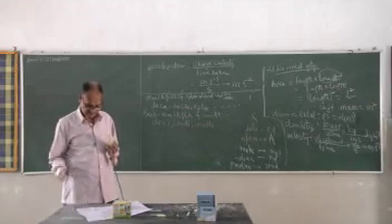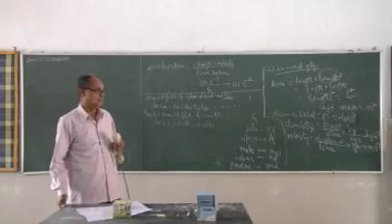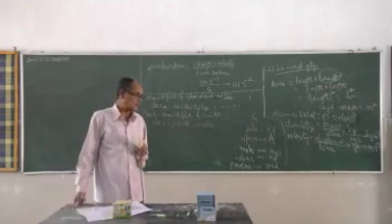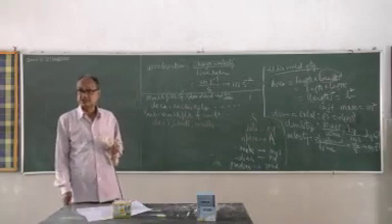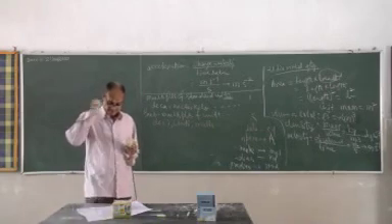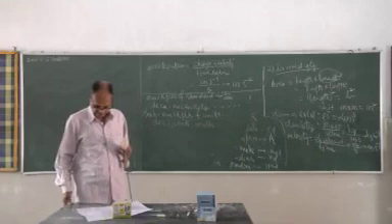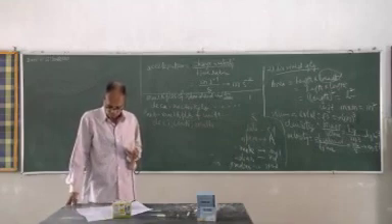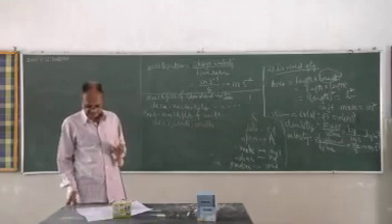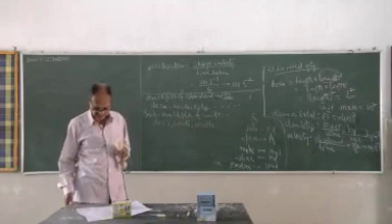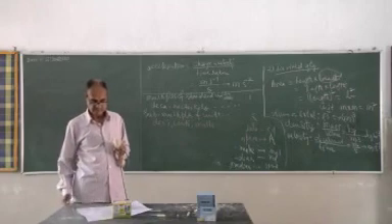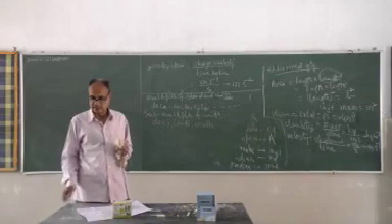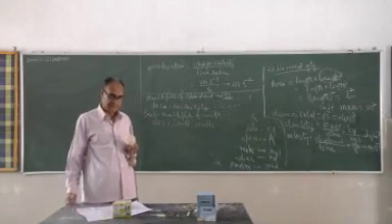The second definition came in the 20th century, last century only. It was 1960. In that, it was said that it is 1650763.73 times the wavelength of a specific spectral line. Just the way I read, you learn it in that way only. Don't read it by lakhs and crores.